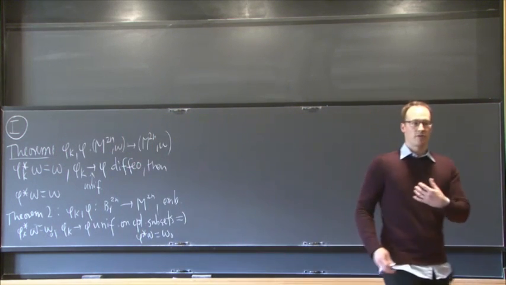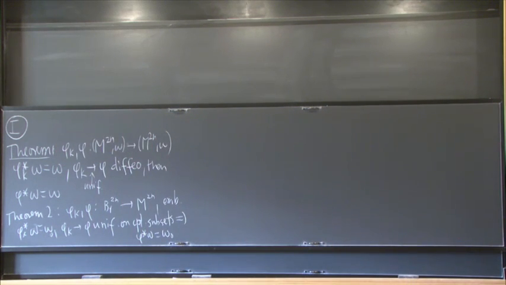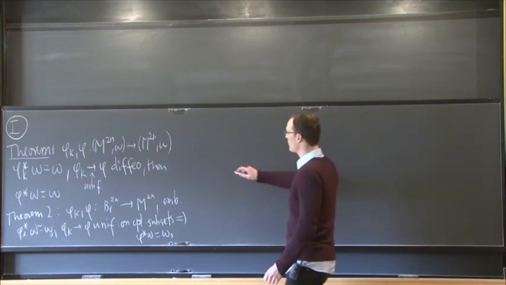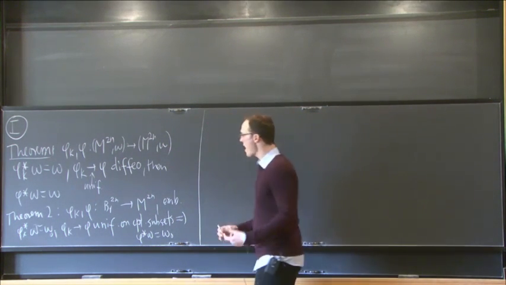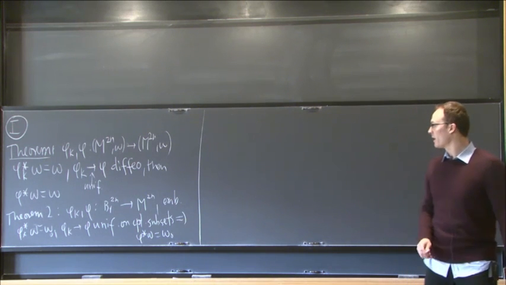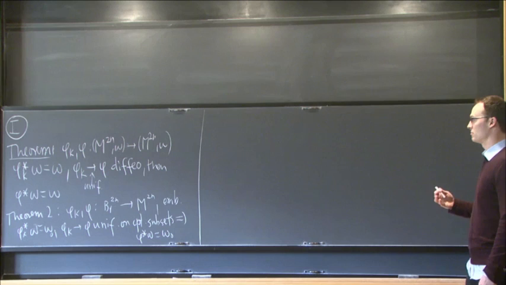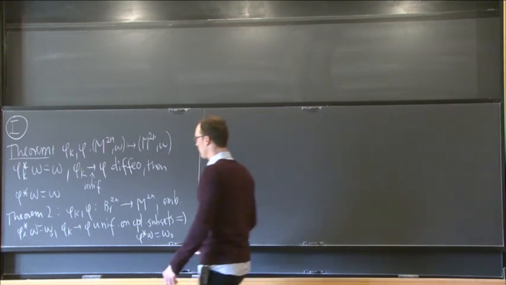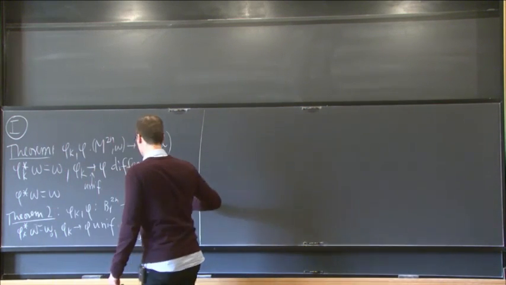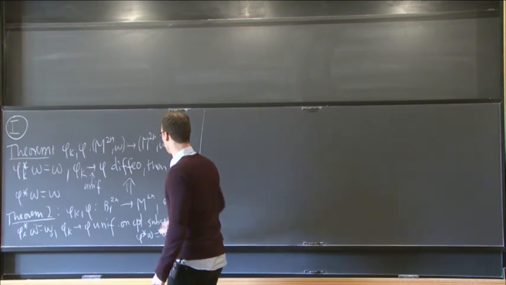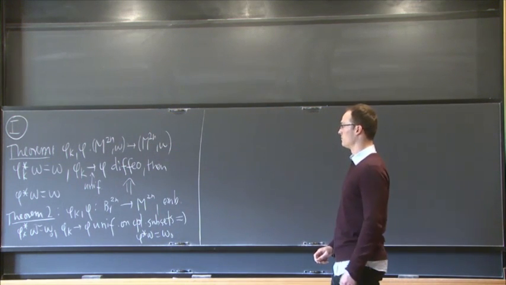Then the same statement holds for embeddings. And as far as I know, the only proofs of this statement use capacities by characterizing symplectic diffeomorphisms by capacities. So this second theorem implies the first one, and that doesn't have quite as many proofs as the embedding version.